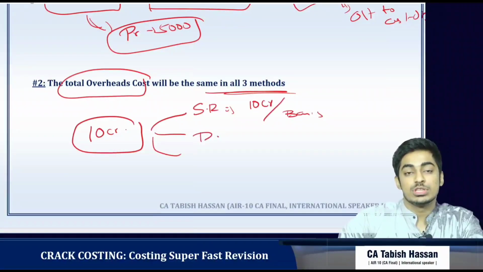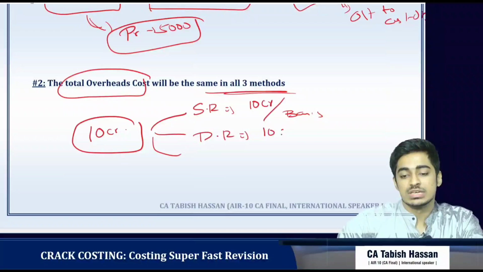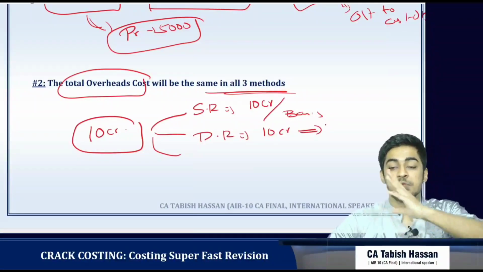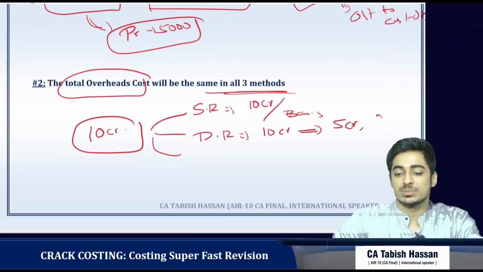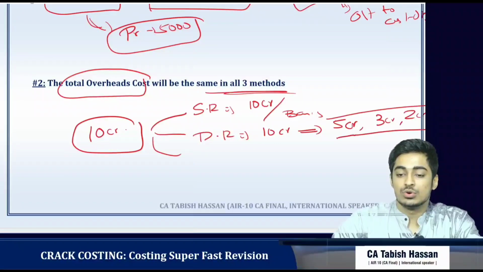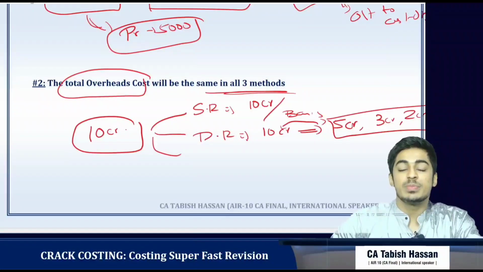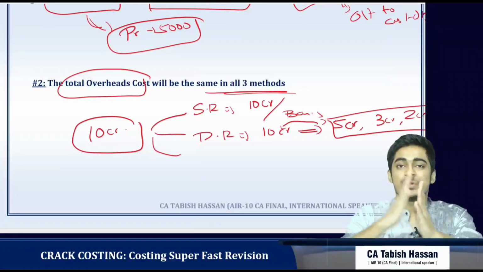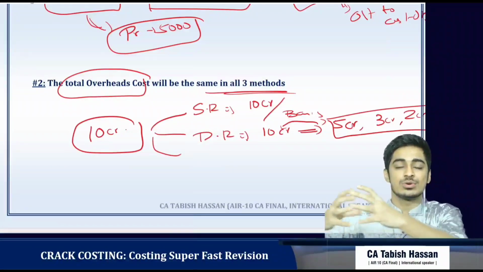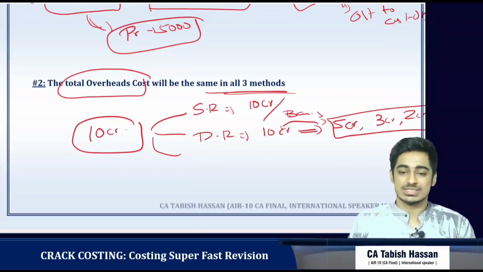If we follow the departmental rate method, we split the 10 crore between the departments. Say production department 1 is 5 crore, production department 2 is 3 crore, production department 3 is 2 crore. But the total of overhead should match with the total overhead, because it's logical, right? So when we are bifurcating it between the departments, the total should match with the total. That's how it works, right?